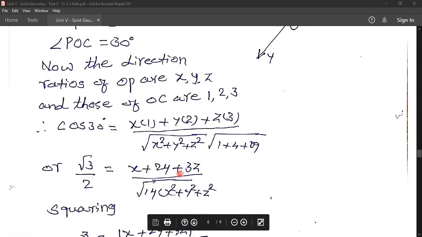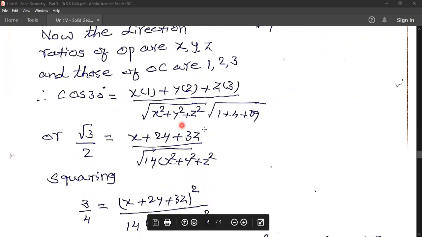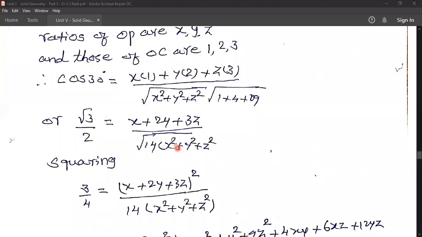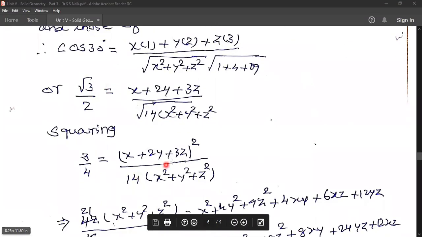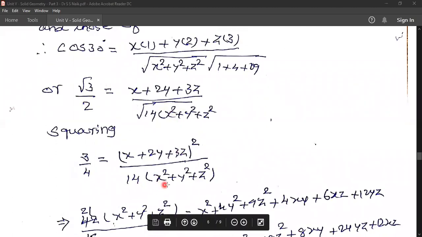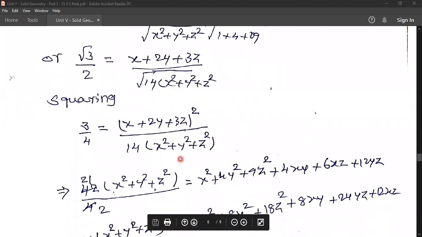And this is x plus 2y plus 3z divided by, this becomes 1 plus 4 plus 9, which is 14, into bracket x square plus y square plus z square. Then if I square this value, it becomes 3 by 4, and the numerator becomes x plus 2y plus 3z whole square. Then square and square root will get cancelled, 14 times x square plus y square plus z square.